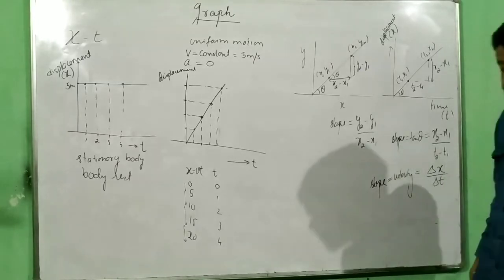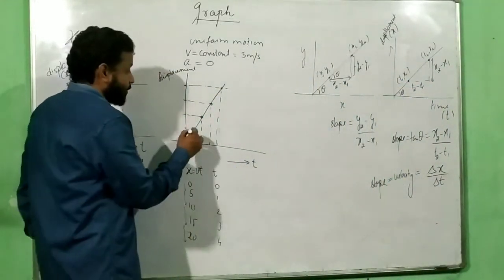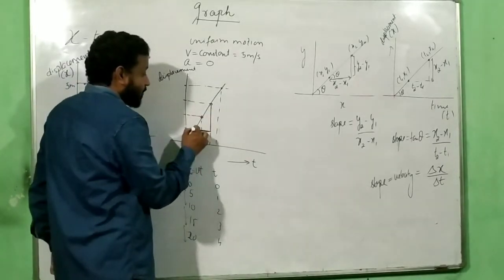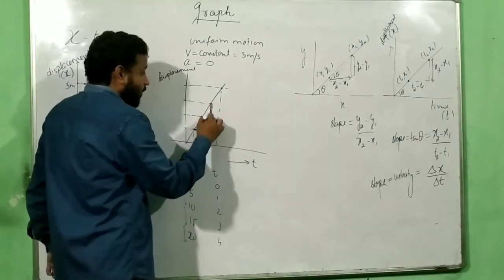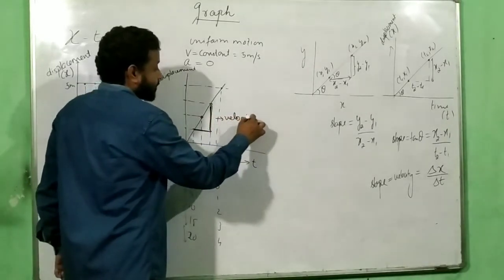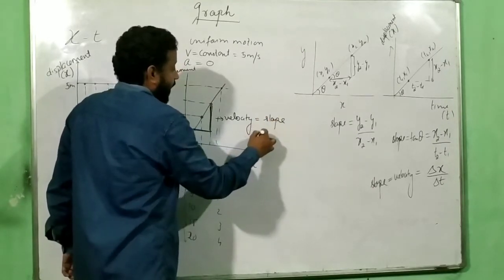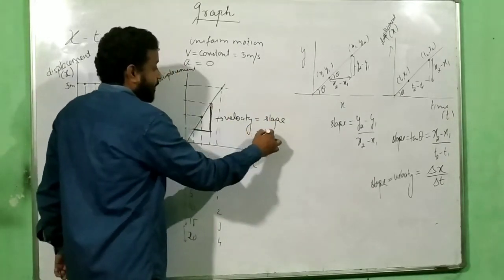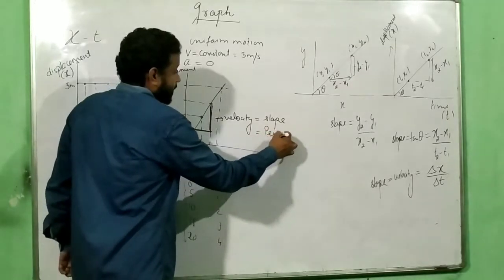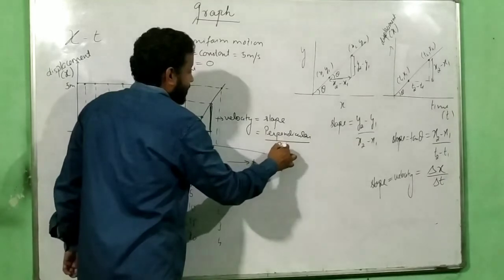So what is the moral of the story? The moral of the story is that if a displacement time graph is given to you, then to find the velocity, velocity can be found out by finding the slope. And to find the slope, it's always perpendicular divided by base.